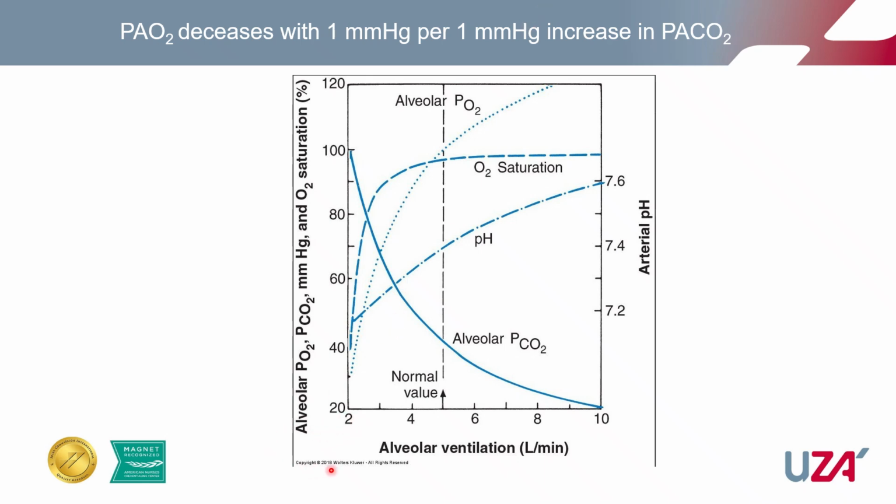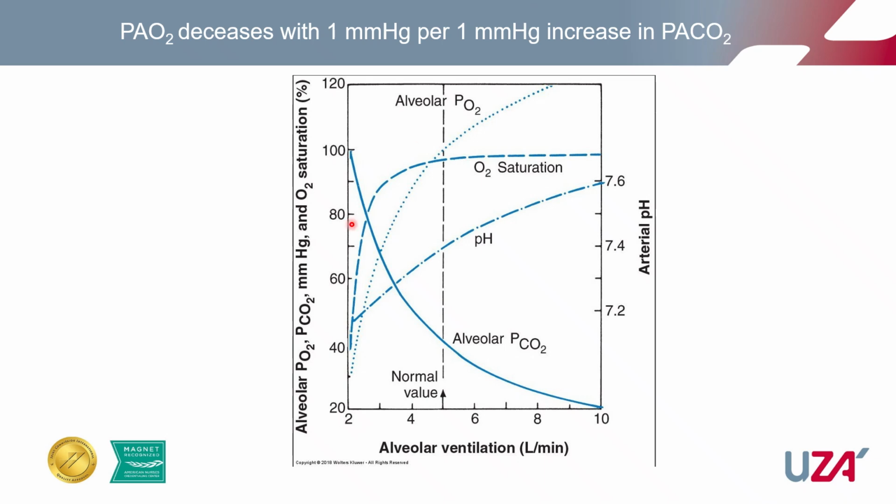If the alveolar ventilation decreases and alveolar pCO2 gradually increases, you may see that the alveolar oxygen tension, which is represented by this dotted line, decreases more or less to the same extent. In fact, for each millimeter increase in alveolar carbon dioxide tension, the alveolar oxygen tension decreases also with 1 millimeter of mercury.